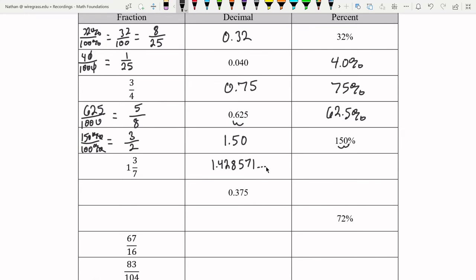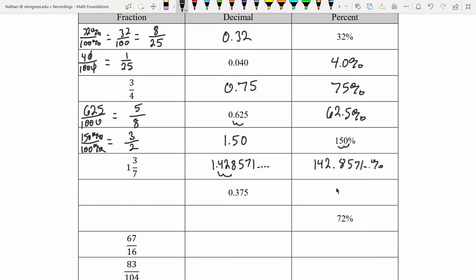And then it actually repeats the same thing. So that's the decimal 2 spaces over. That gives me 142.8571, and then it'll actually repeat 428571. But you can also round that, right?